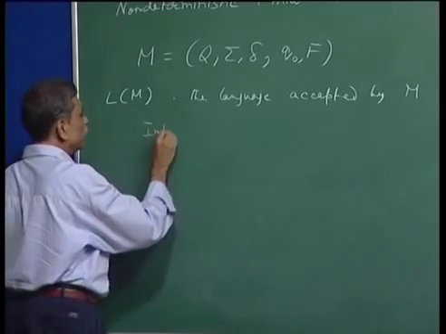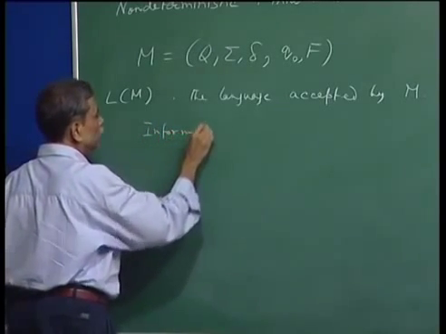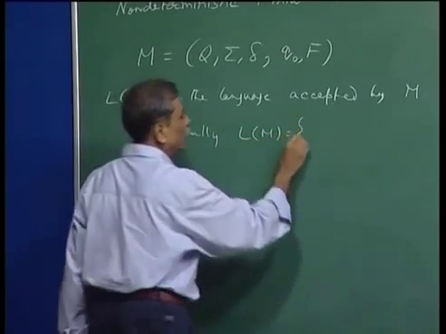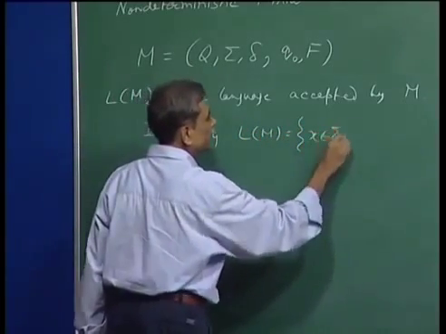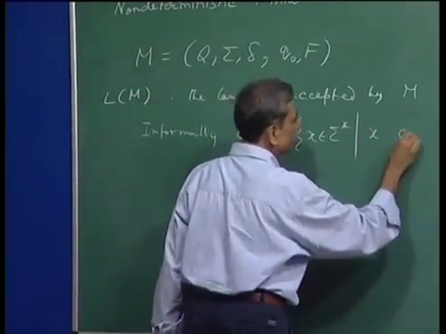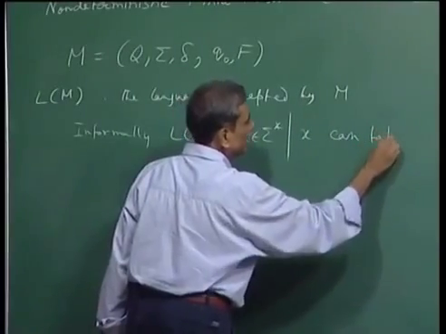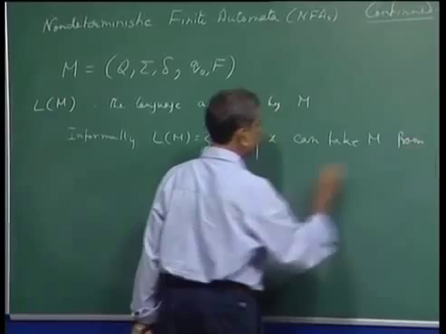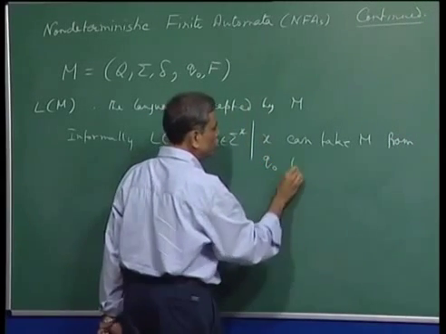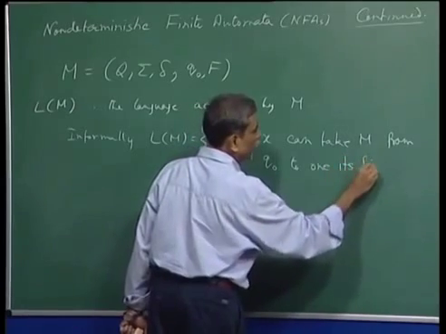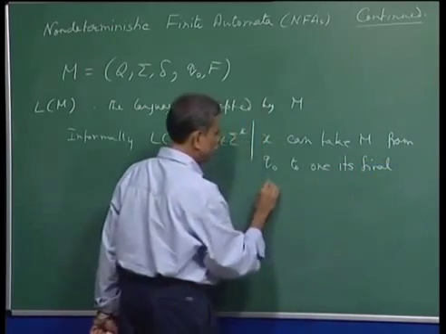Informally, we said L(M) was the set of all strings X in sigma star such that X can take M from Q0 to one of its final states, right.